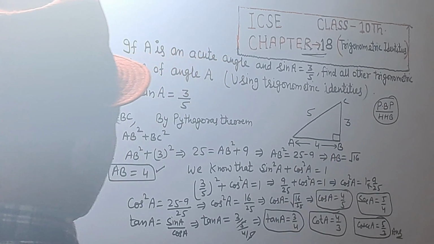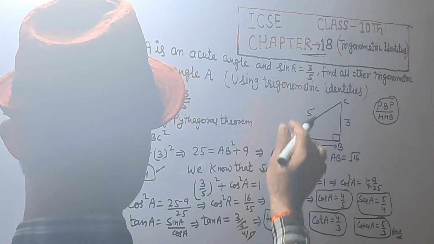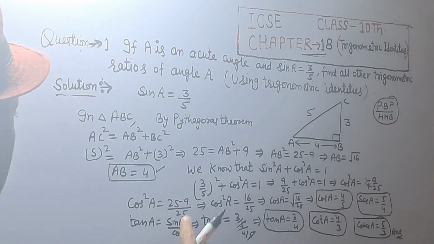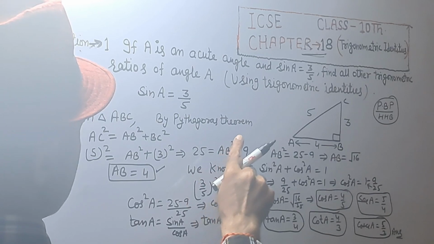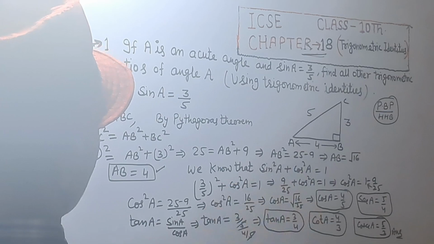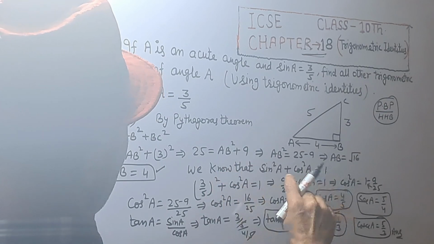And by using the trigonometric identities, we know that sin square A plus cos square A is equal to 1. Sin A is 3 upon 5, then sin square A is equal to 3 upon 5 raised to power 2, that is 9 upon 25, plus cos square A is equal to 1.